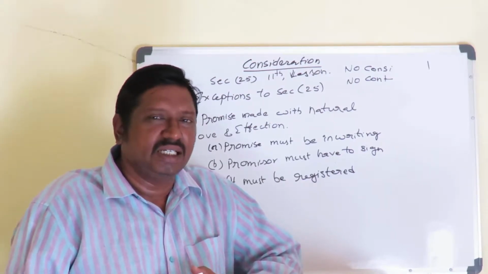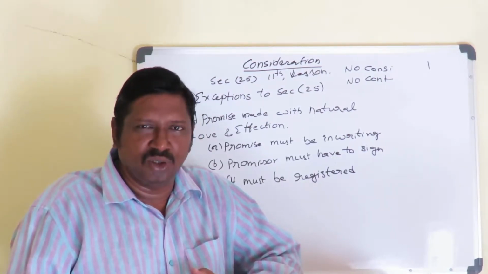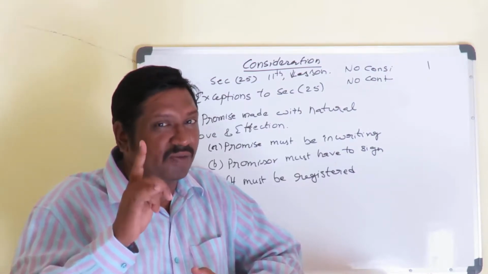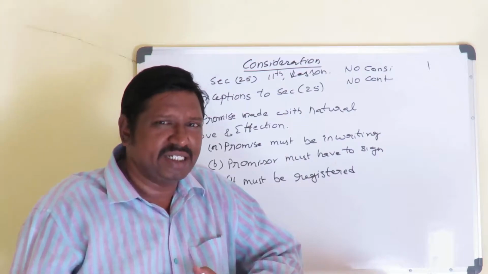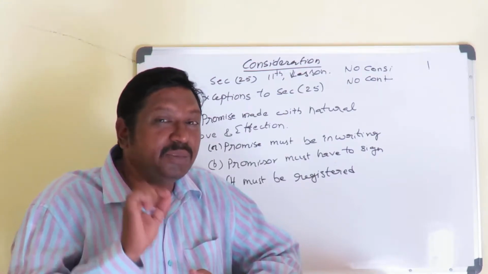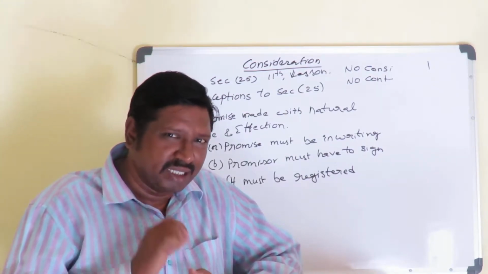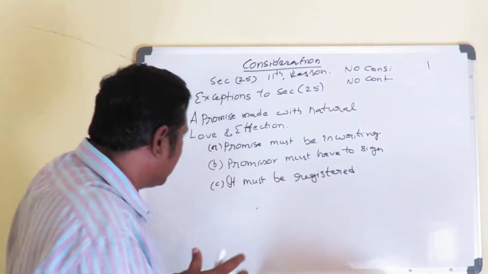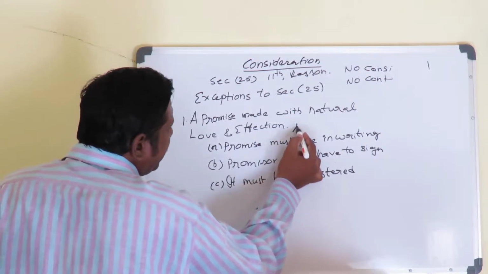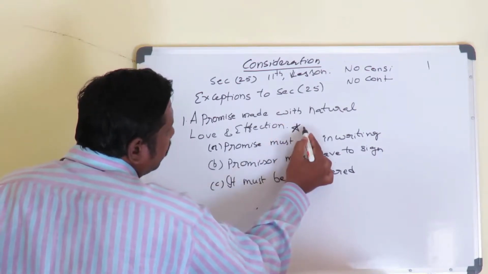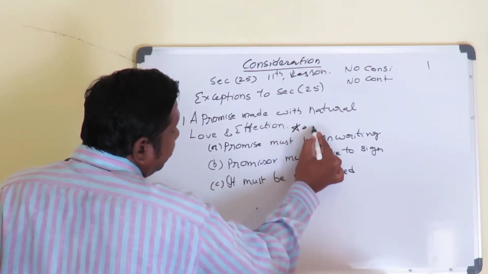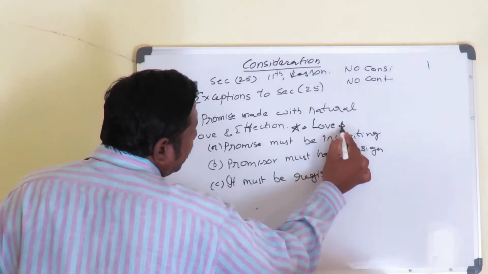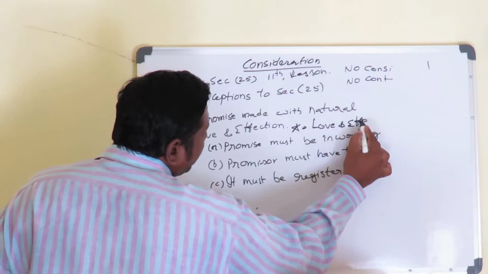In such a case, the court will find that even though it had satisfied the three conditions, one important condition is missing in this promise. What is the important condition missing here? Yes, very important condition. That promise must have been made with love and affection.